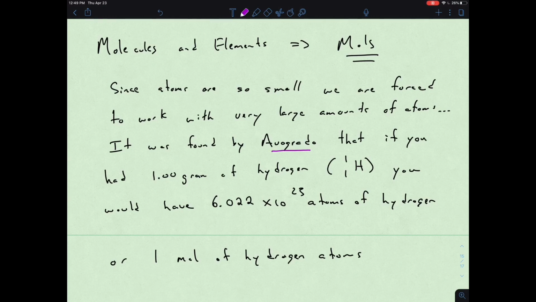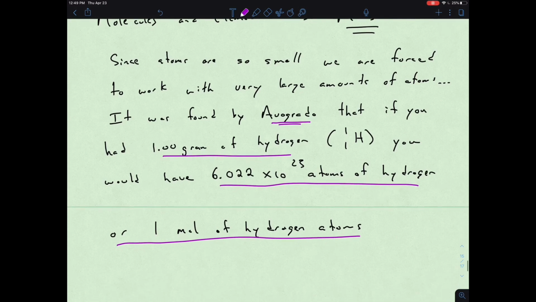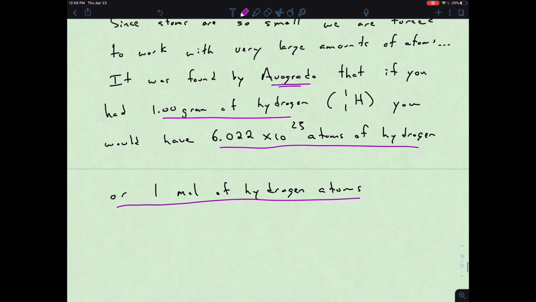So that's the big thing from Avogadro, is that with 1 gram of hydrogen, you now have a correlation between that and a mole of something, in this case atoms. And that's what we have to think about, this notion of the mole.